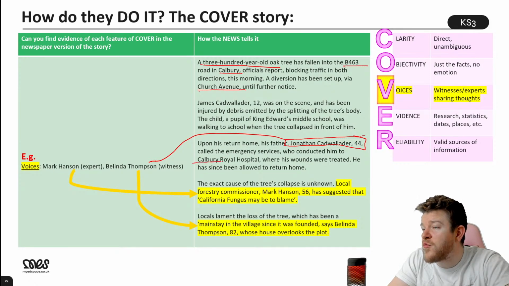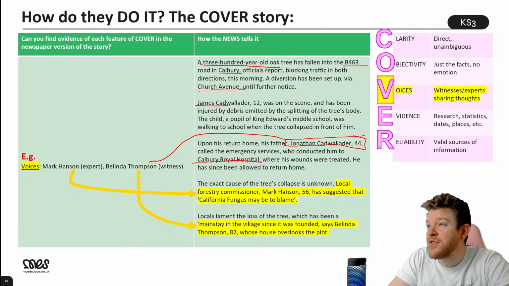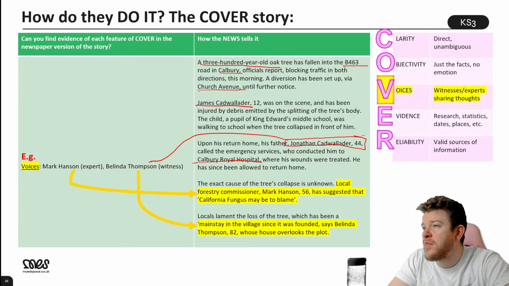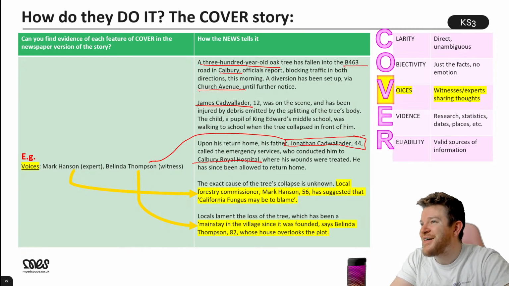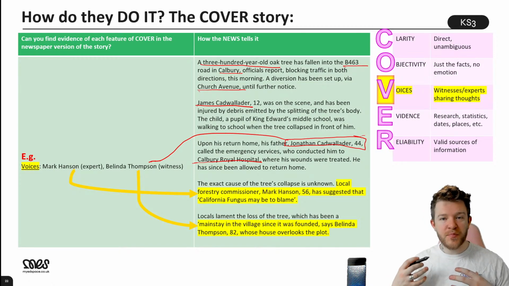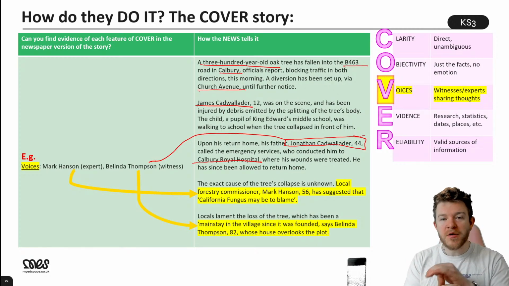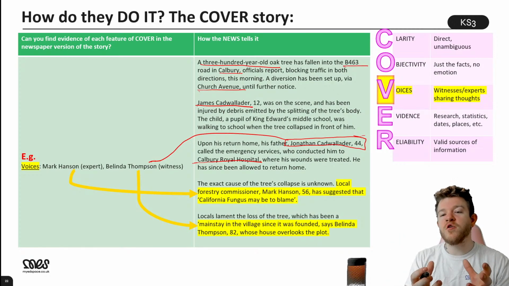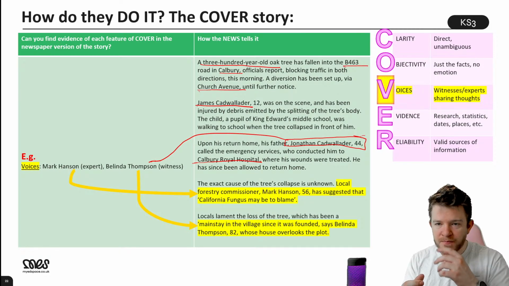So if we go through and we just spotted anything that includes names, so we've got James, who is obviously Jimmy from the original story. We've got Jonathan, we've got Calbury Royal Hospital, we've got Mark Hansen, we've got Belinda Thompson, we've got B463. So all of these things are evidenced, right? Because they have specific numbers, specific facts. It fixes it in the real world, and that's that kind of key thing, okay?